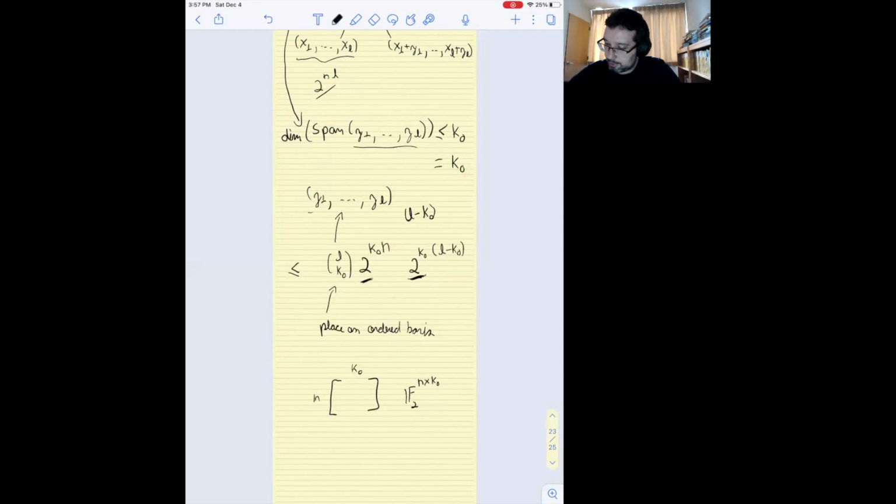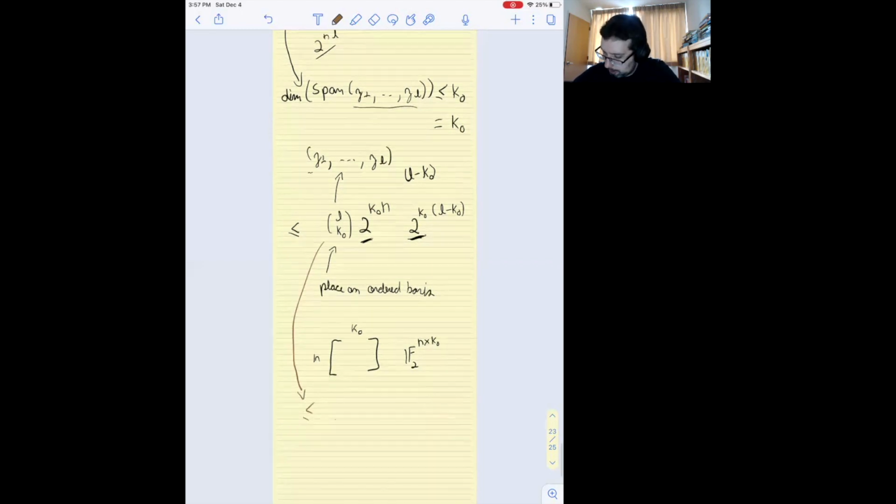But let's massage this expression a little further. An upper bound on this would be L to the K0, 2 to the K0 times n, and 2 to the K0 times L. Very good. And this is a growing function of K0, right? It's definitely growing in K0.